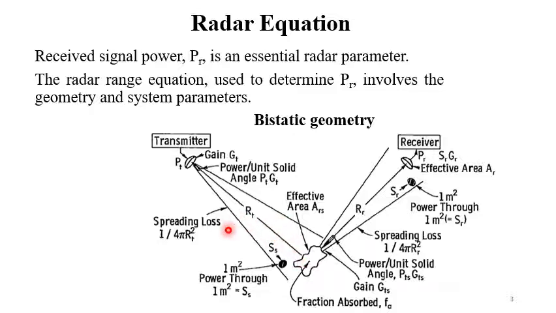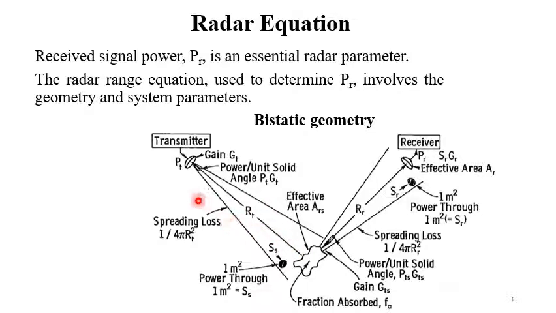Now we have to consider the spreading loss. Spreading loss means that while traversing this path, the beam will diverge. So all the power will not come to the scatterer. Some power will go in this direction and some power may go in this direction.